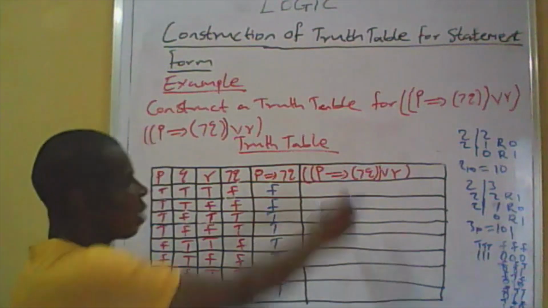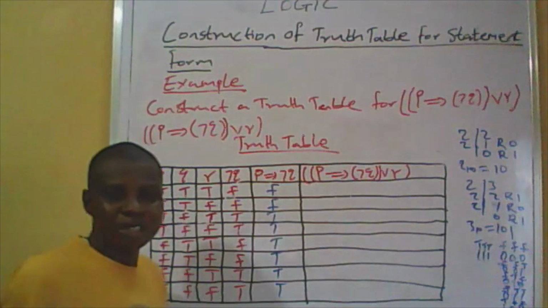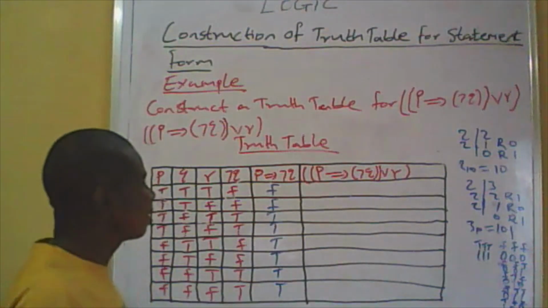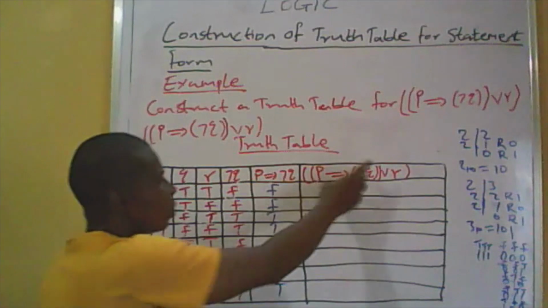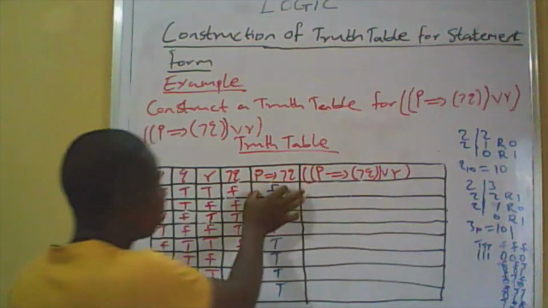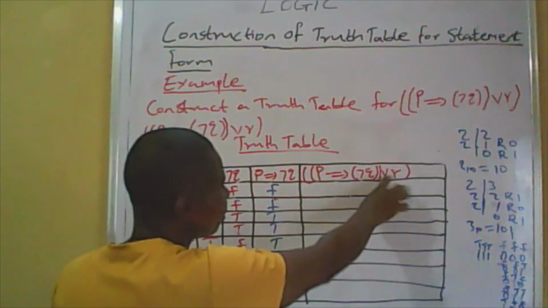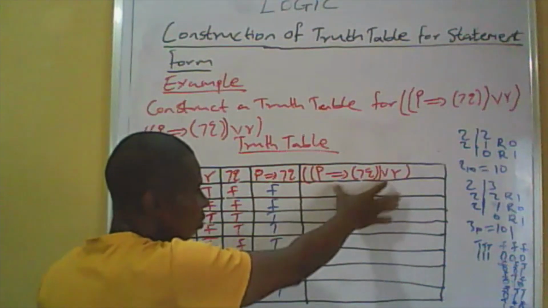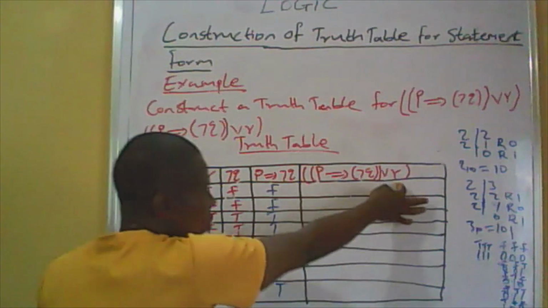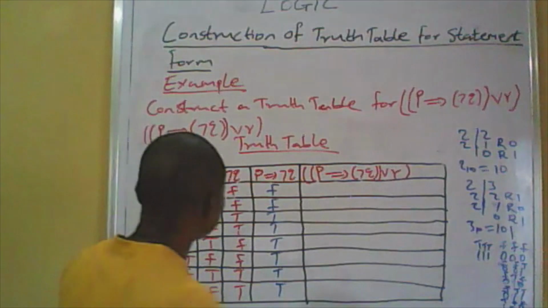Let us evaluate our last statement. The last one is P implies not Q, then implies R. Having known our P implies not Q, now we look at what combines this statement and this one.